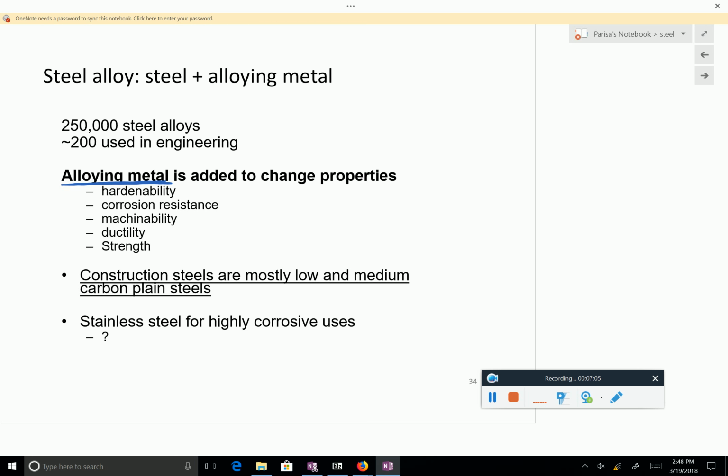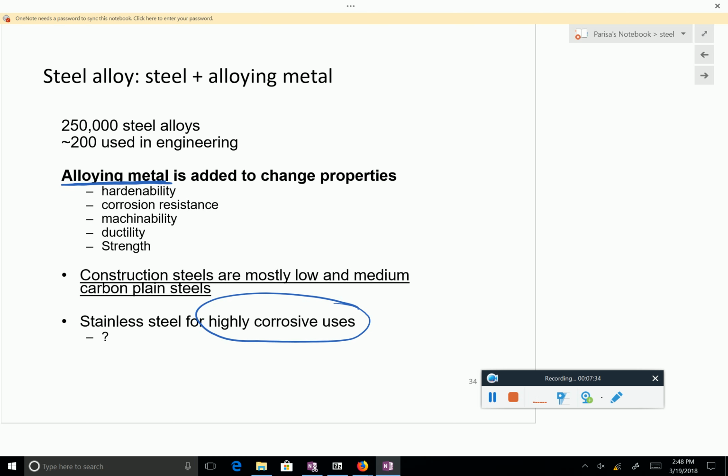So a steel is an alloy of two different elements. Which are those? Iron and carbon. These are the main components. But sometimes you add other metals. For example, one good reason is to increase the corrosion resistance if you have to use this steel in a highly corrosive environment.